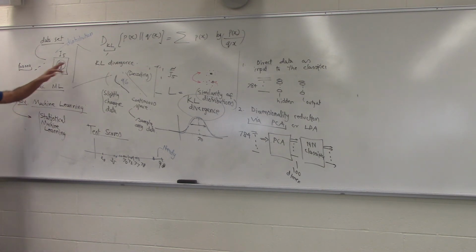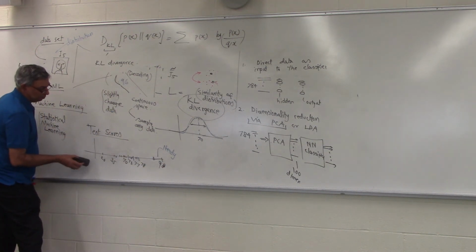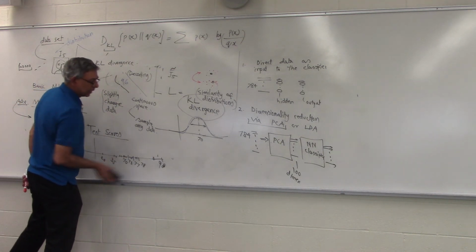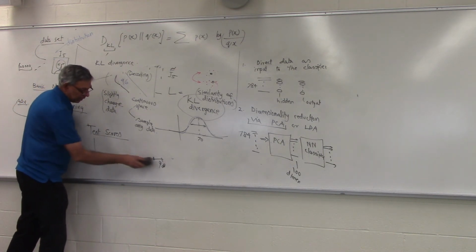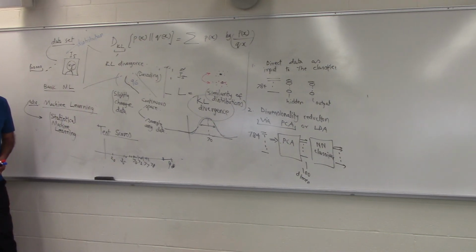Before we go further and try to understand the variational autoencoder, especially if you're new to this, let's really understand how it computes. If I gave you test scores like this, just by looking at the data, how would you tell it's a Gaussian distribution?